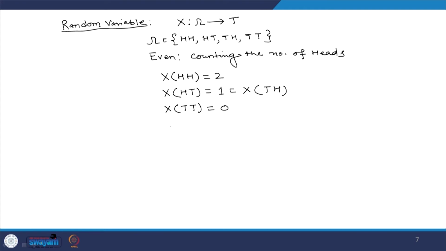So, what is my target space? The target space has 3 possible values 0, 1, 2. So, these are just classes for my classification problem.